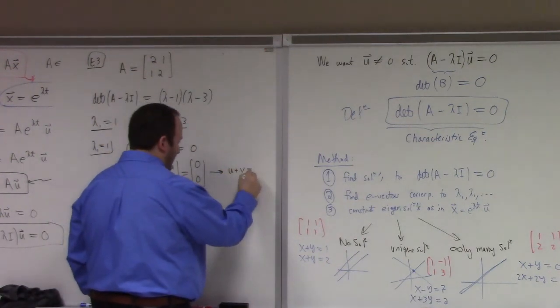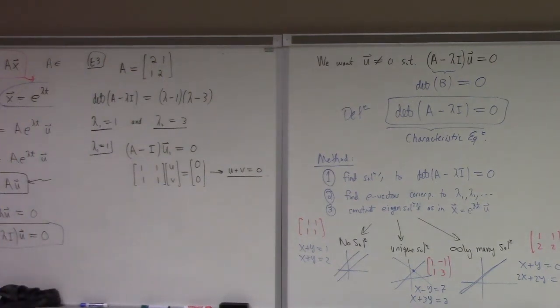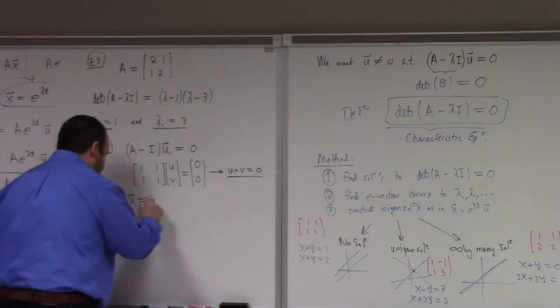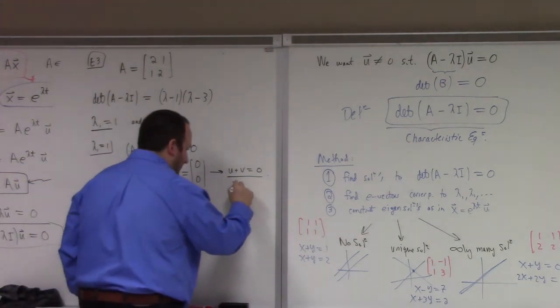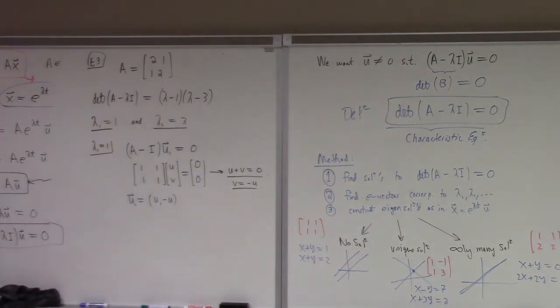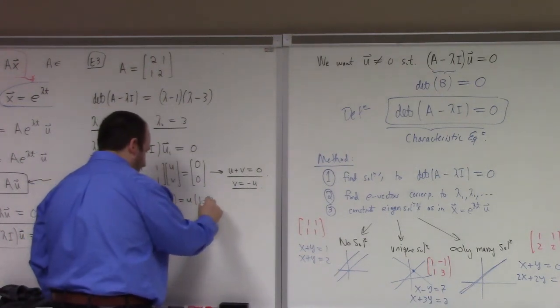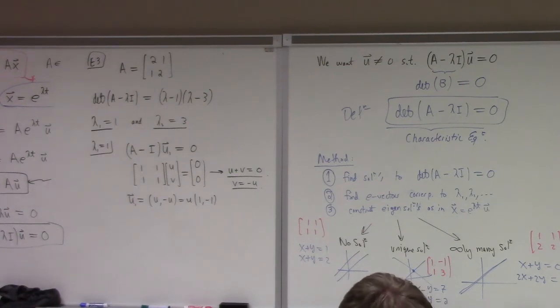Let's see here. U plus V equals 0. So that means that U1 equals what? It's equal to U comma minus U, right? Because this says that V is equal to minus U. And then you can pull out the U. Any non-zero U will give you an eigenvector. There's infinitely many of them with eigenvalue 1.